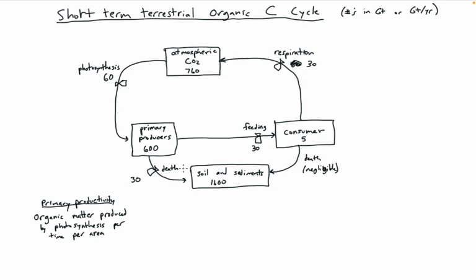There was a process of decay where that carbon is converted back into the atmosphere. So decomposition is missing here. And it turns out there's actually two decomposition paths.